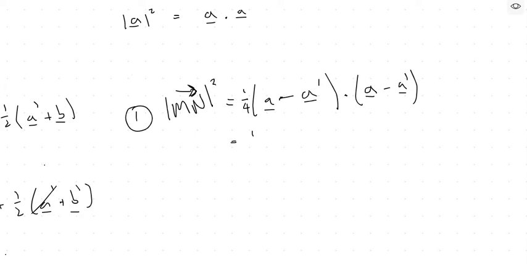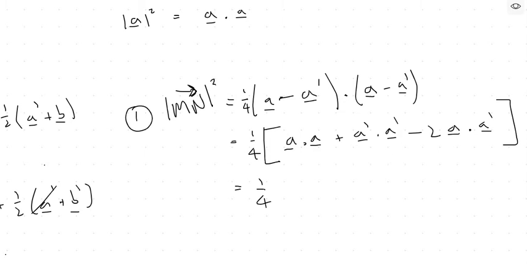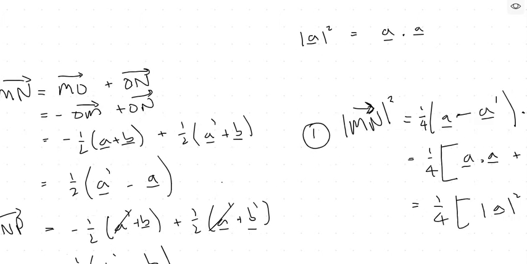So we have a quarter, we've got A dotted with A plus A dash dotted with A dash minus 2 lots of A dotted with A dash. So that is the mod of A all squared plus the mod of A dash all squared minus 2 A dotted with A dash. Okay, let's leave that.